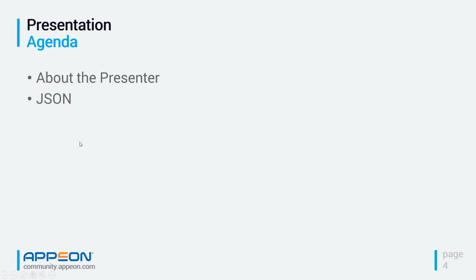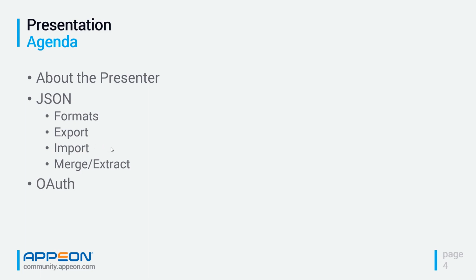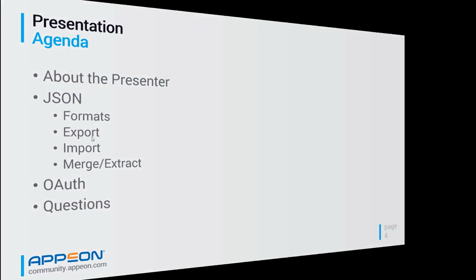The first has to do with JSON, and we're going to talk about the couple different formats of JSON that are supported now, how we export JSON, how we import JSON, how we do merge and extract of JSON, and I'll explain what that's about when we get there. And then the other main category we're going to look at is OAuth, which is the method of authenticating REST web services. Then we'll have a question and answer session.